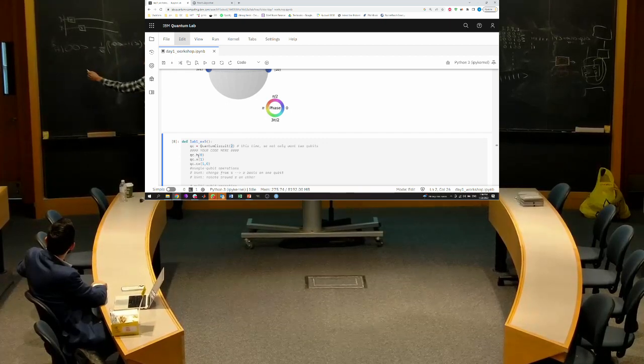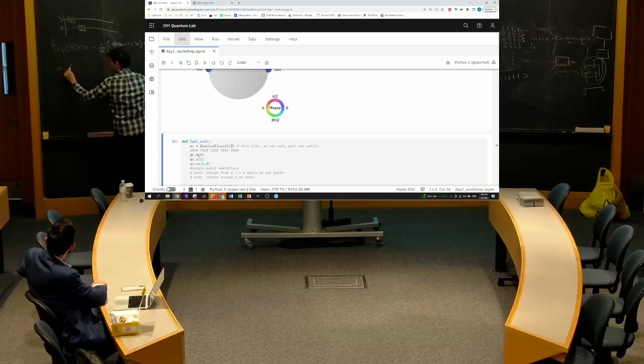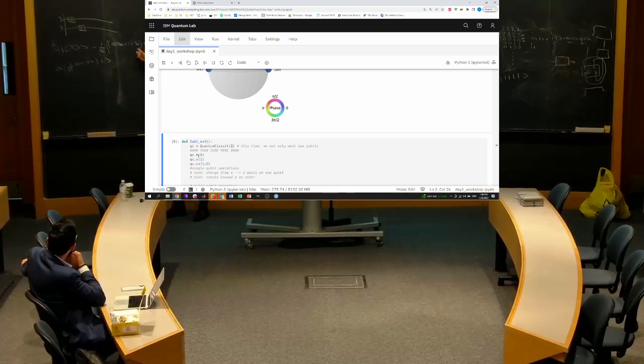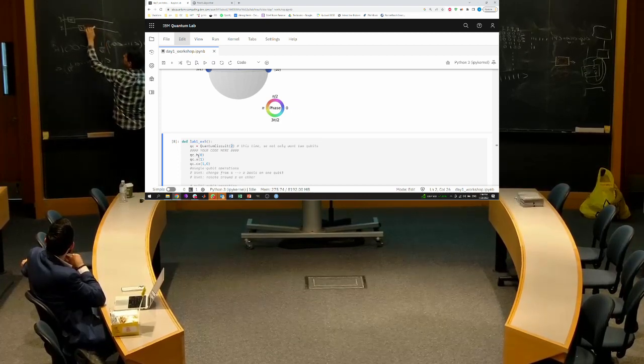So what I'm getting is a superposition of being 0 and 1, and now the other part is a 1. I turned it from 0 to 1. Okay? The next step is doing the controlled NOT.